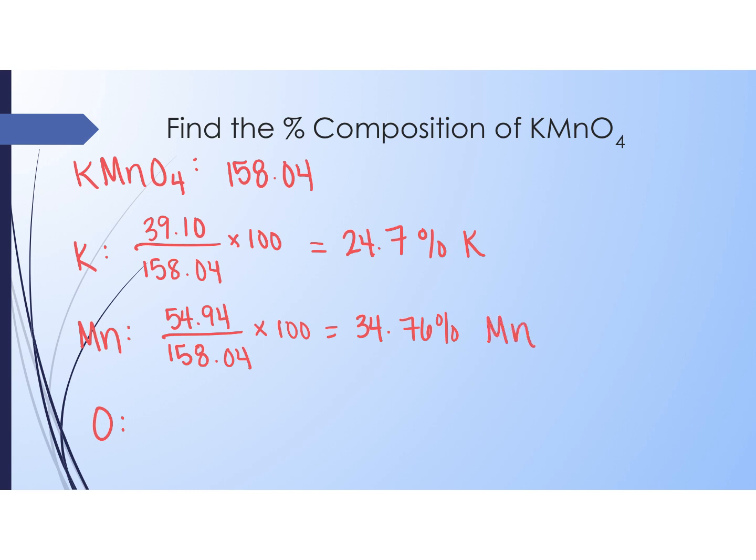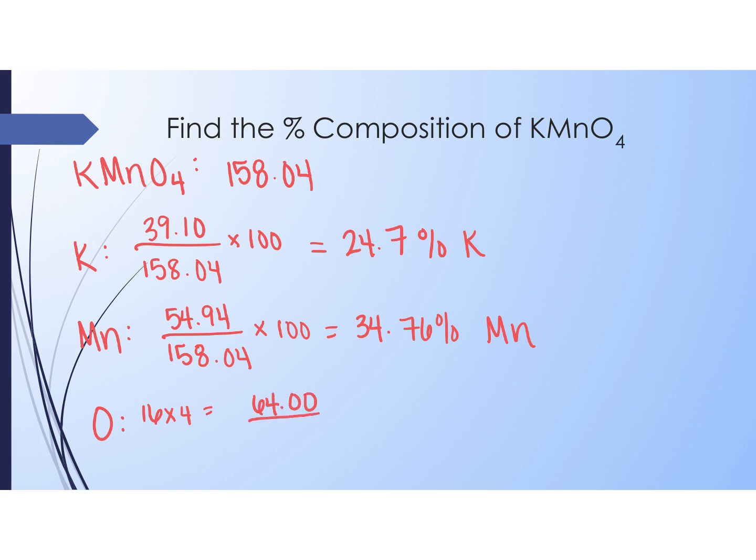And then last is oxygen. How many oxygen atoms are in the compound? 4. Okay, so what do you have to do with oxygen's mass? Okay, so make sure you multiply 16 by 4. So what does that equal? 64.